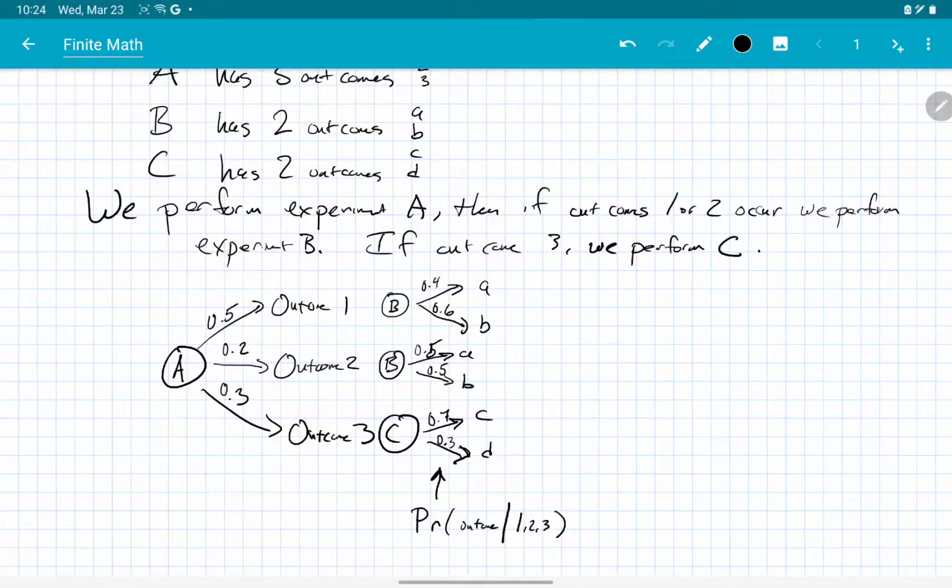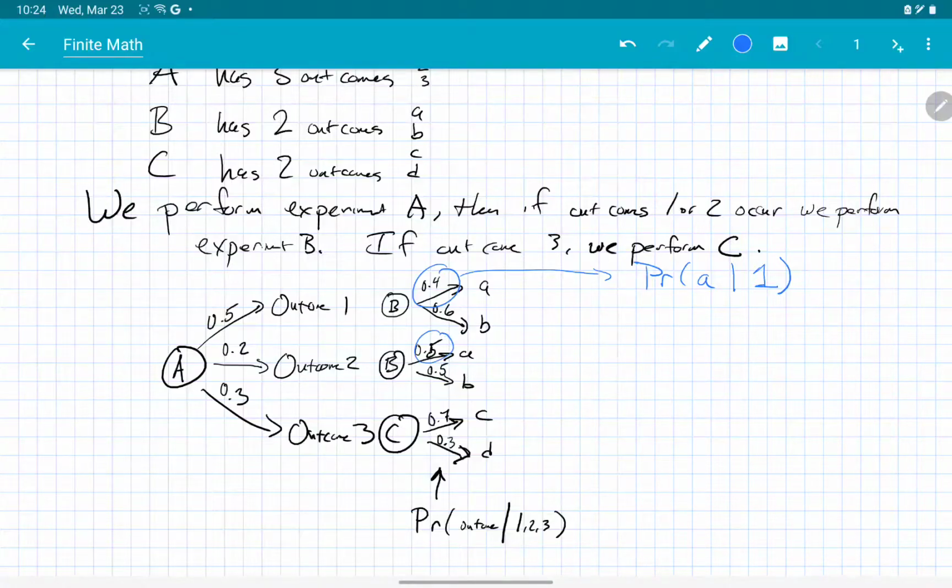Okay. So to highlight this specifically, what does this 0.4 mean? This is the probability of outcome A given we have outcome 1 occurring. That's a conditional probability. Which is why we have a different number for outcome A and outcome B, depending on whether outcome 1 or outcome 2 occurred.